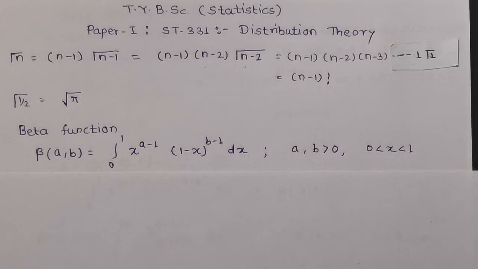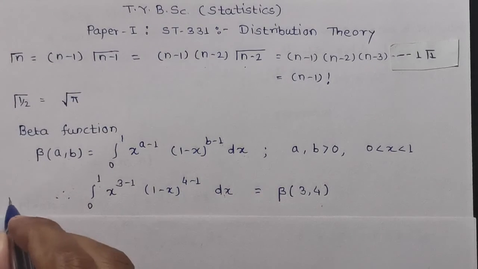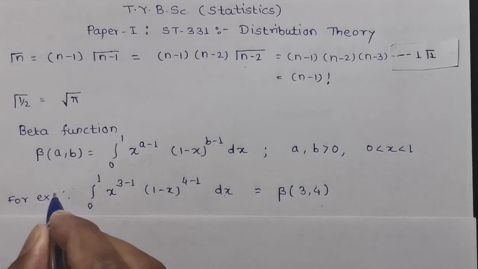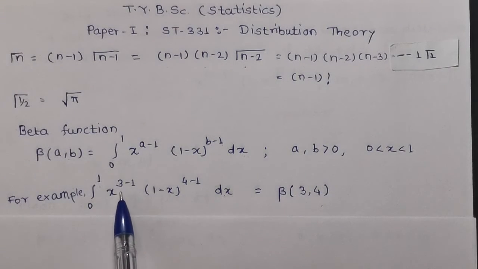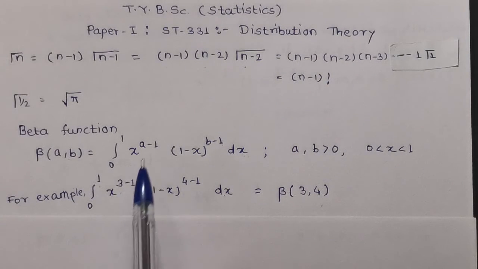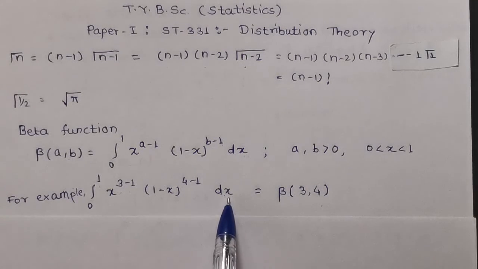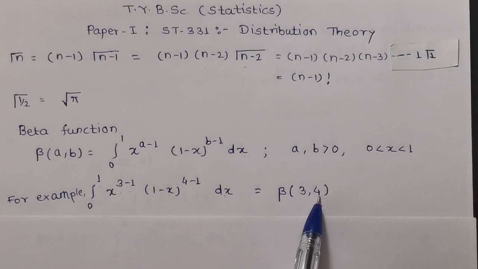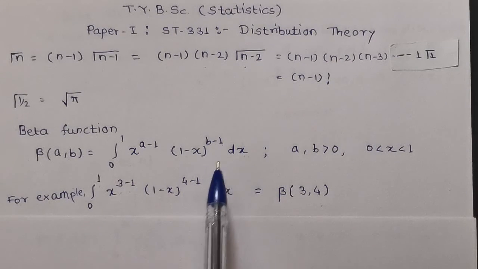For example, if I put a equal to 3 and b equal to 4, we get integration over 0 to 1 of x raised to 3 minus 1 into 1 minus x raised to 4 minus 1 dx equal to beta(3,4). Here I have just replaced a by 3 and b by 4.